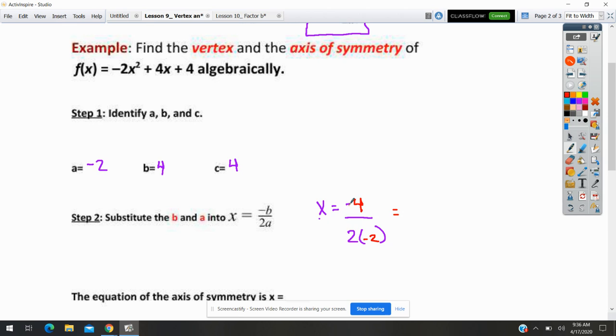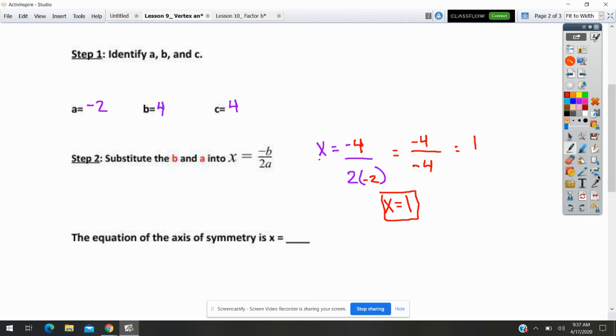Let's simplify this. This becomes -4 over 2 times -2, which is -4. And if we divide that, we get +1. So this means the equation of our axis of symmetry is x equals 1.